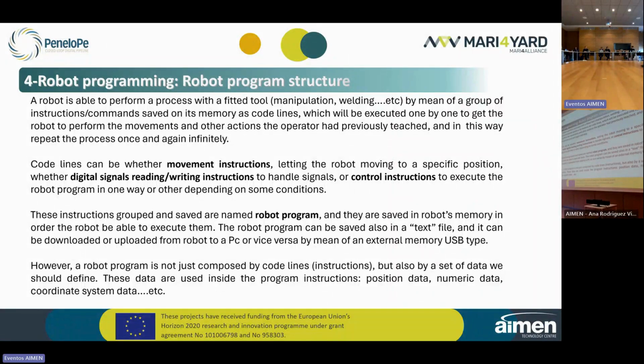About the robot program structure, what I want to show you now, or to read, is what a robot program is, what it consists of. A robot is able to perform a process with a tool, as we were watching before, for example manipulation, welding, etc., by means of a group of instructions and commands saved in its memory as code lines.